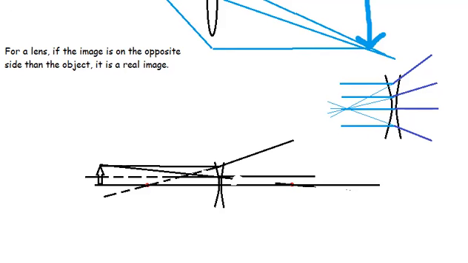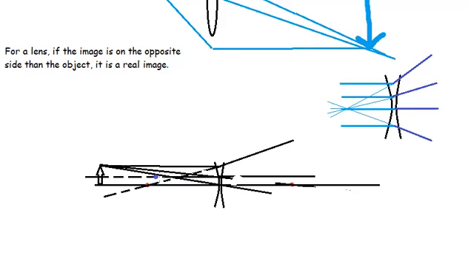And then the last one, just like the converging lens, is going to go through the center. So from here through the center of the lens. It's a little hard to see.